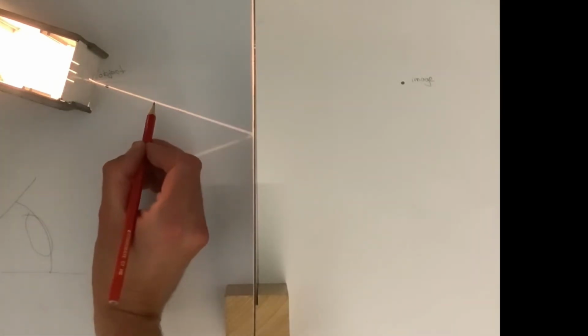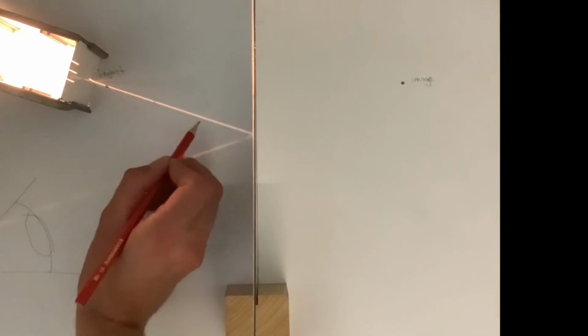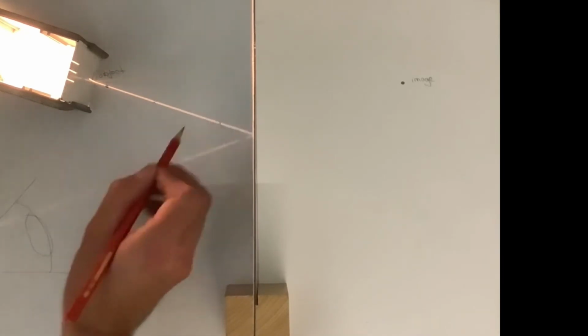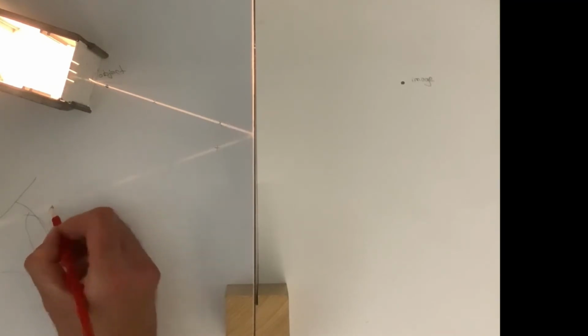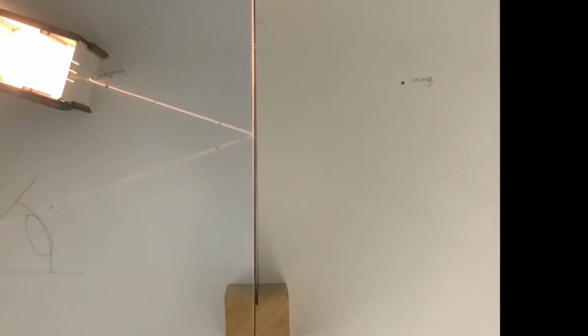So that I can draw it in afterwards, I'm going to put a couple of crosses on each of the rays here, and then I will be able to draw that in afterwards to show where it went.